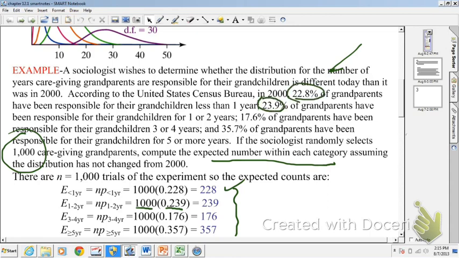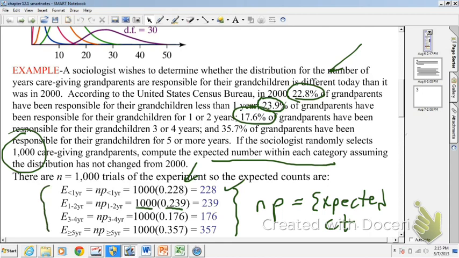So 22.8%, 23.9% as a decimal is what you're seeing here. Okay, so the expected count for 3 to 4 years is 1,000 times 0.176. And again, you're seeing where those decimals came from. So a lot of people say, all right, we'll just take n times p for the expected count. Okay, so once we get our expected counts, let's see what we do next.